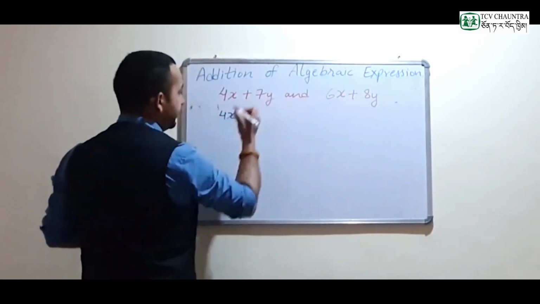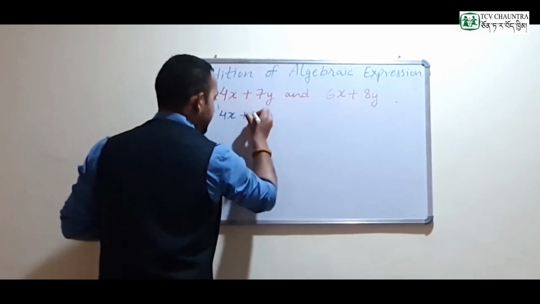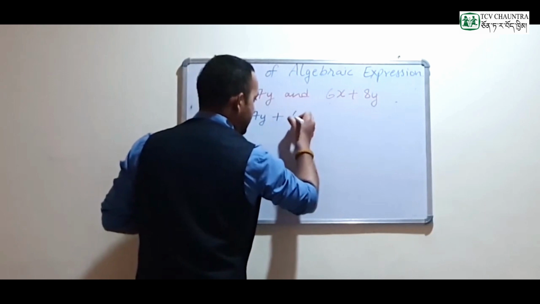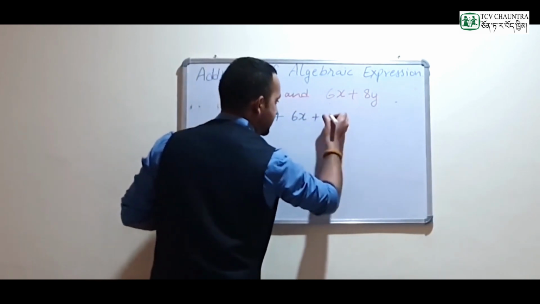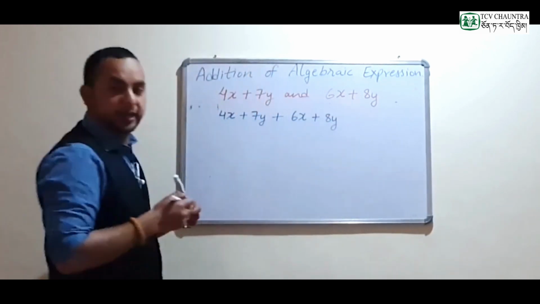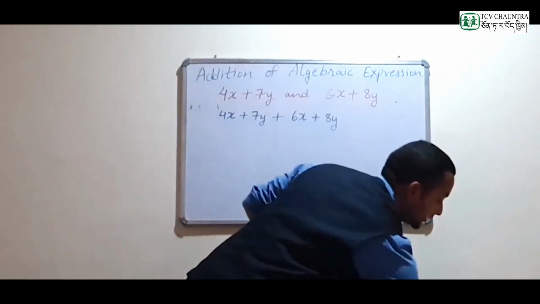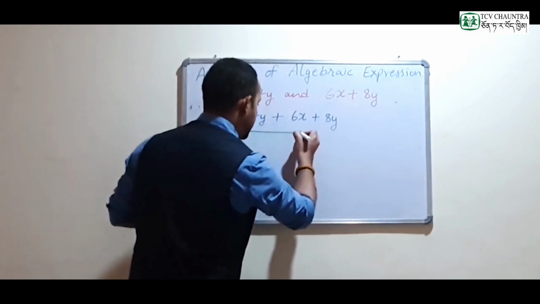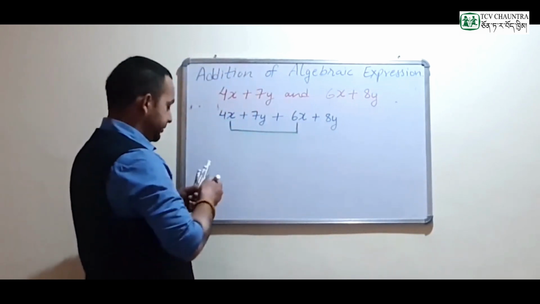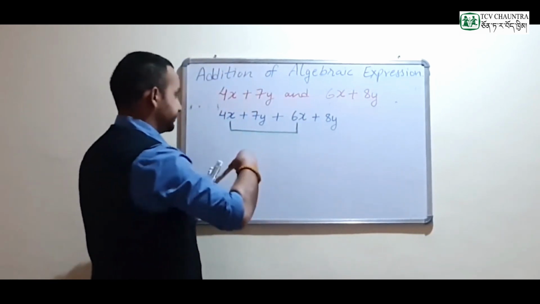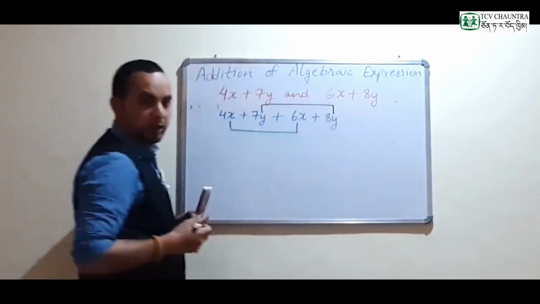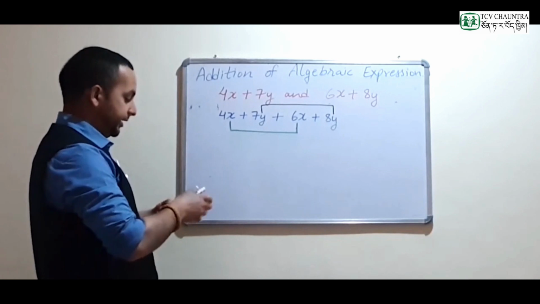Now we are going to add 4x plus 7y plus 6x plus 8y. Now we are collecting the like terms here. 4x and 6x are like terms and 7y and 8y are like terms.